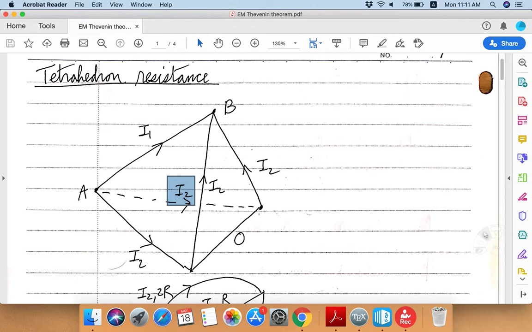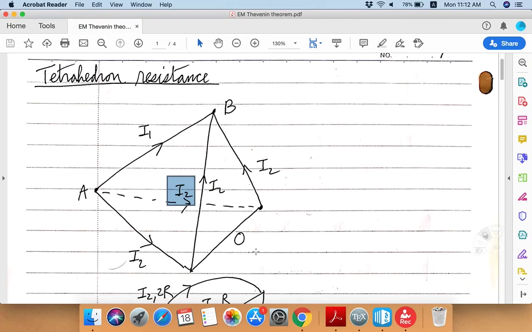Simply because these are just identical from the geometric perspective. Since these are identical edges, and there's no way you can put more current on one edge than on the other. Okay, so this gotta be I2 on both edges.